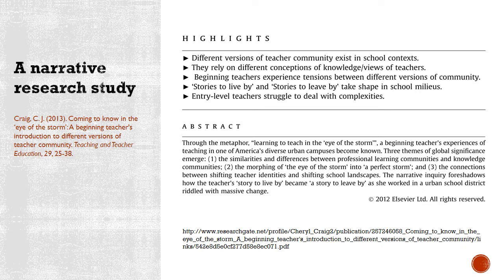They contextualize the teacher's experience by explaining that they're a beginning teacher and they're teaching in one of America's diverse urban campuses. They also highlight themes that emerged in their analysis. So here, 3 themes of global significance emerge, and they quickly describe those themes.